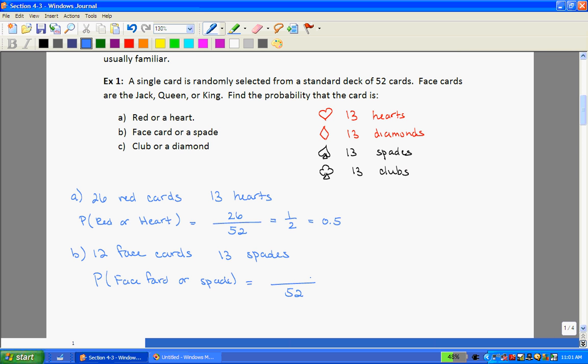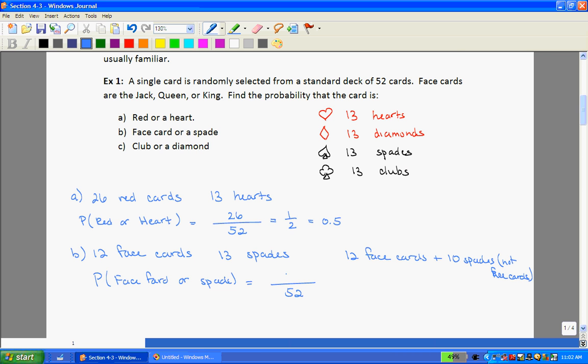So the 12 face cards do include spades already. So although there are 13 spades, I don't want to double count the ones that are already face cards. So it's going to be the 12 face cards plus only 10 spades that are not face cards, because we've already counted them here.